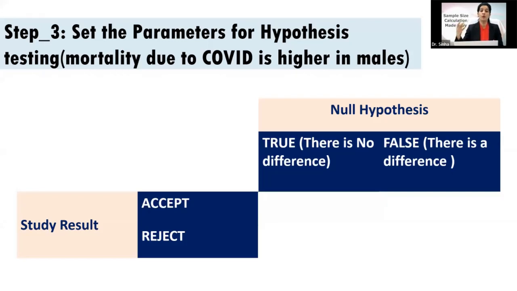Because we don't know the reality of what is happening, since we don't have the all-over-world database, imagine a hypothetical situation where the all-over-world data of all the COVID patients is with us.